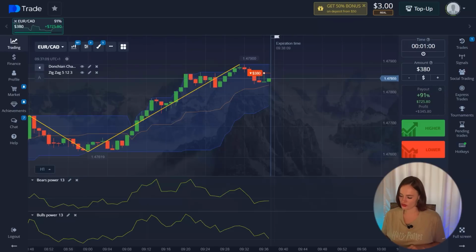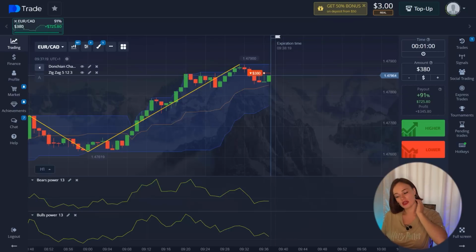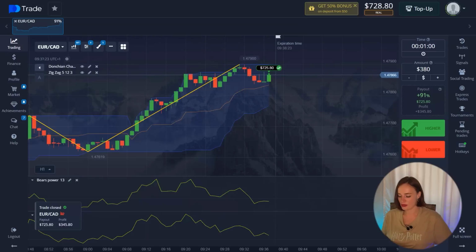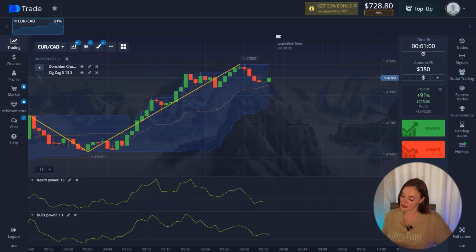But where strength began to decline against this background, a new green candle was again approaching the entry point of the deal. The situation repeated itself, and again in my favor, having already added $345 to the balance. Deals are on the edge, but so far everything is fine.